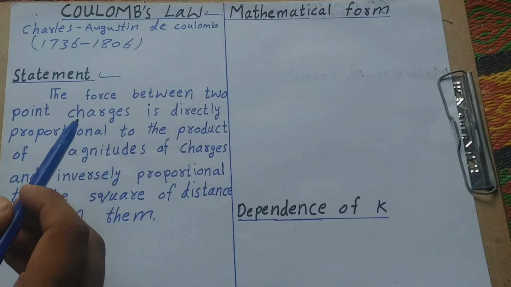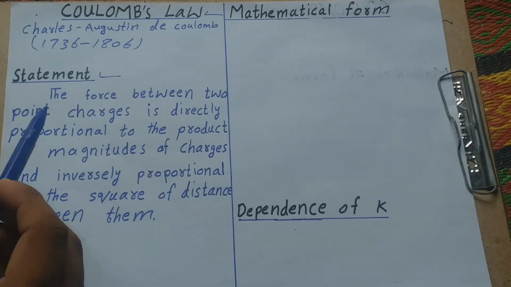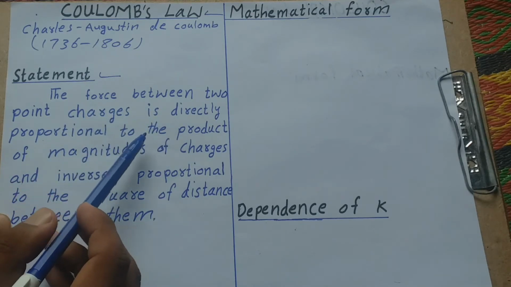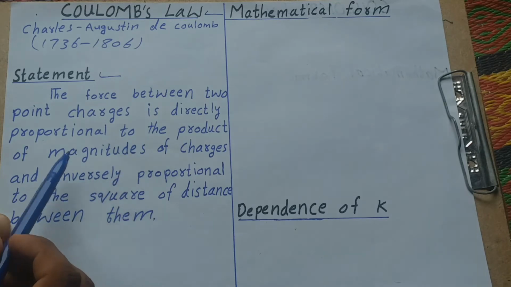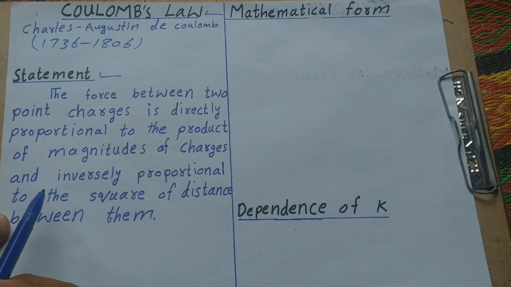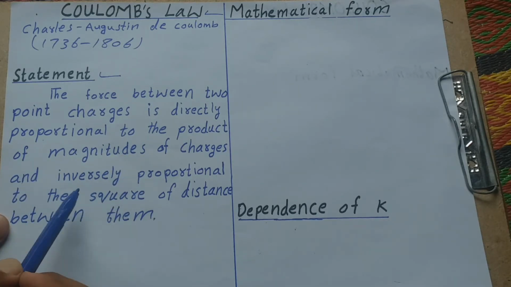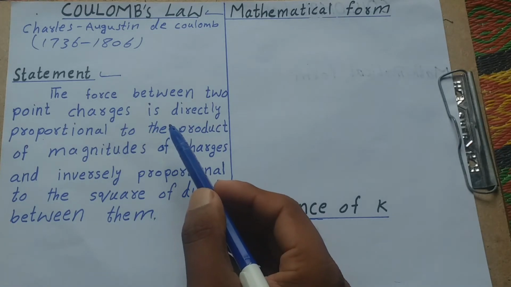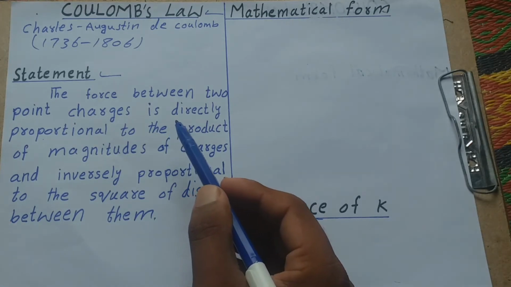What is the statement of Coulomb's law? The force between two point charges is directly proportional to the product of the magnitude of charges and inversely proportional to the square of the distance between them. It means the force is directly proportional to the product of the charges, not a single charge.